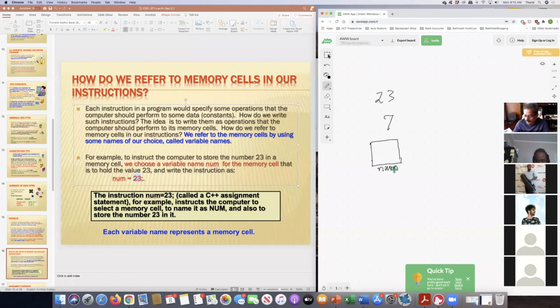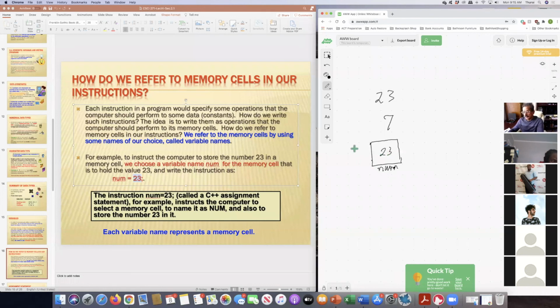Also this instruction says store 23 in it. All that will be done by this program statement num equal to 23. So this is called a C++ assignment statement. Assignment means assigning a value to a memory or to a name. It instructs the computer to select a memory cell, name it as num, and also store 23 in it. All that is set right there.